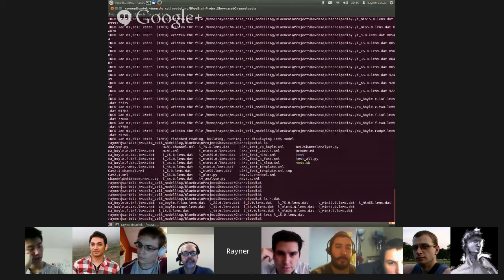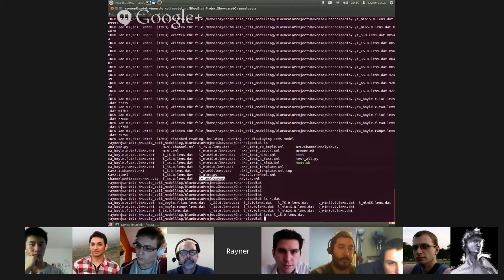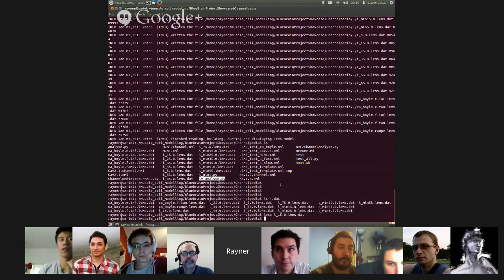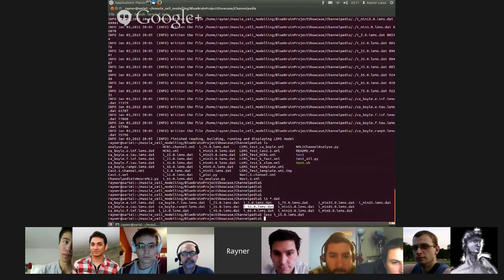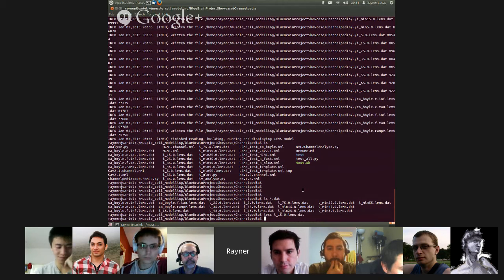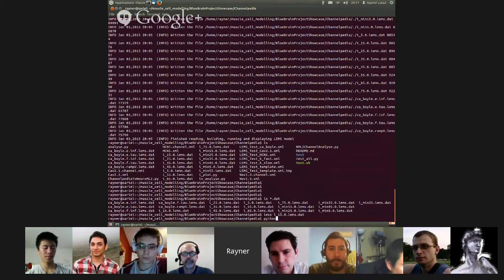I also created a little Python script, IV analyze, which processes all of these files with the current values in them, looks for the highest current, lowest current, and absolute peak current, and plots each of those as a graph. I'll just try running that on the files it's just created.